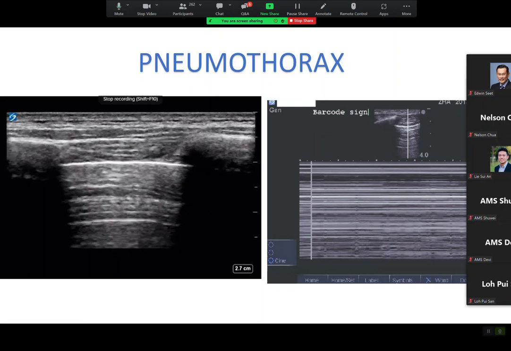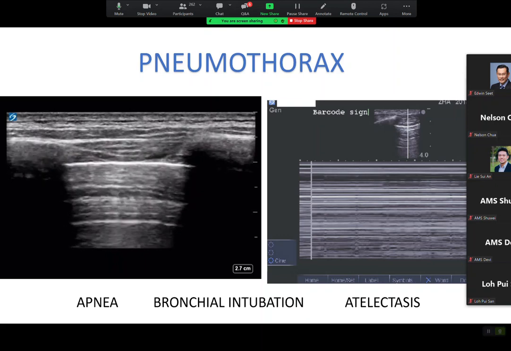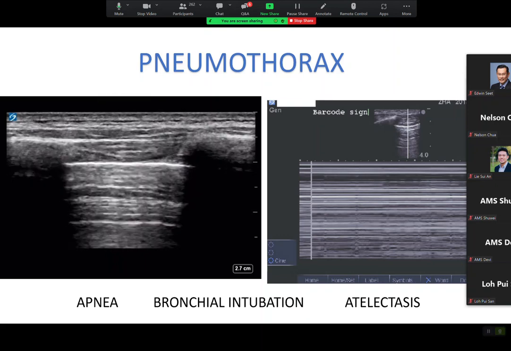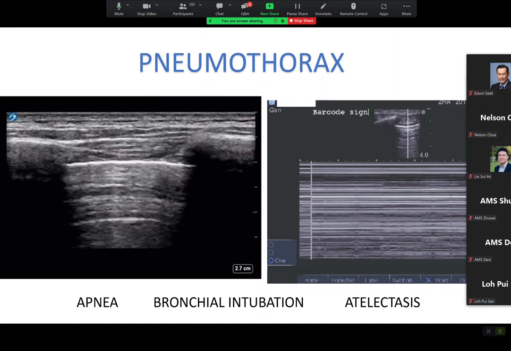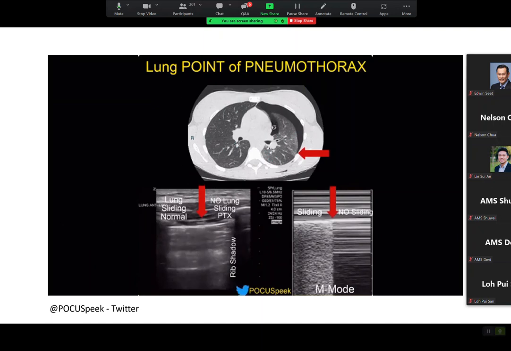So this is typically seen in pneumothorax, but can also be seen when the lung is not ventilated, as in apnea, bronchial intubation, or secondary to atelectasis. In order to have a more definitive diagnosis of pneumothorax, I found this video on Twitter.